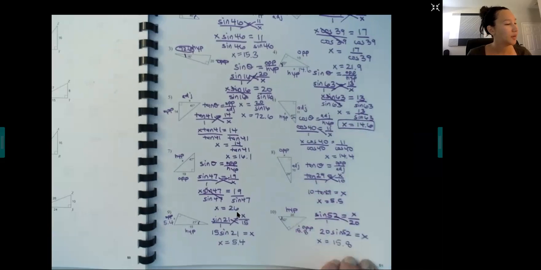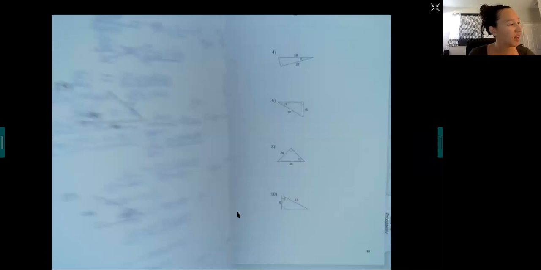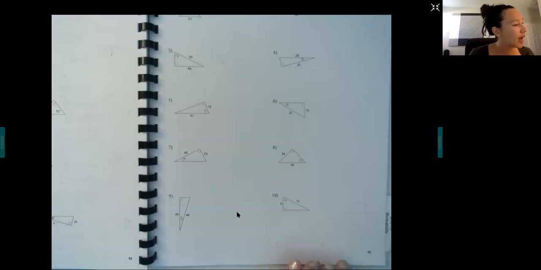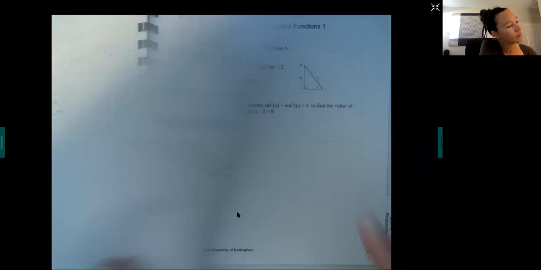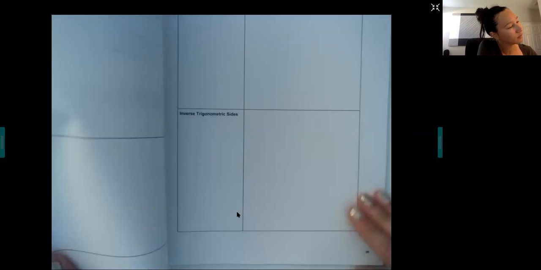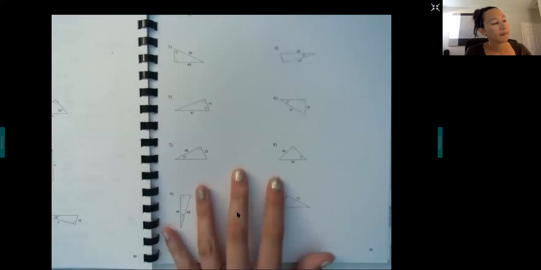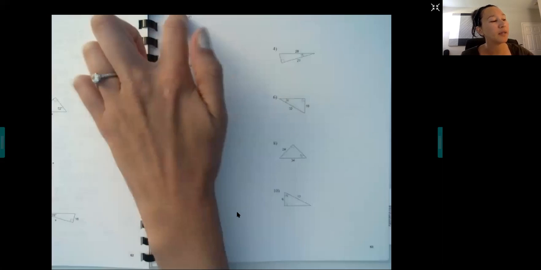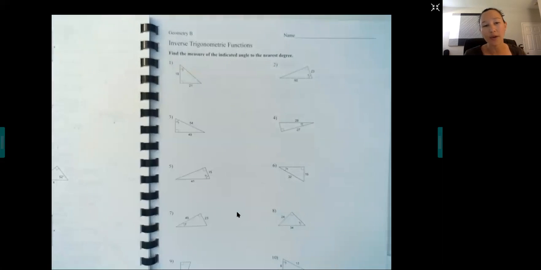Okay, so we didn't get through the inverse trig functions, which is your other assignment for this week. I think we can just do that one next week because it's pretty similar to what we just did, but now instead of finding the missing side, you have to find the missing angle.